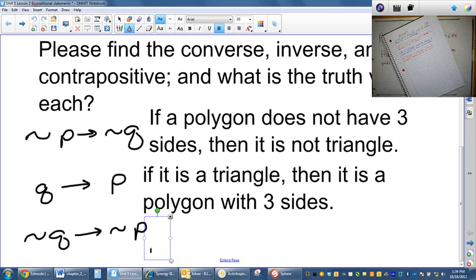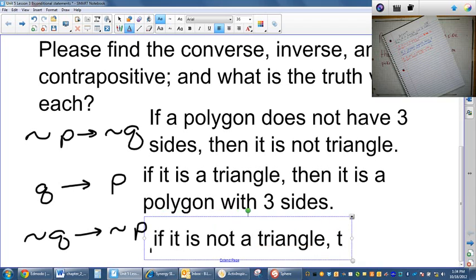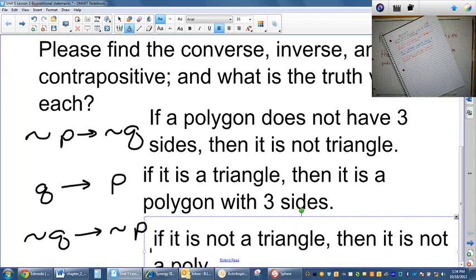The one above it, negate the one above it. So if it is not a triangle, then it is not a polygon with three sides.